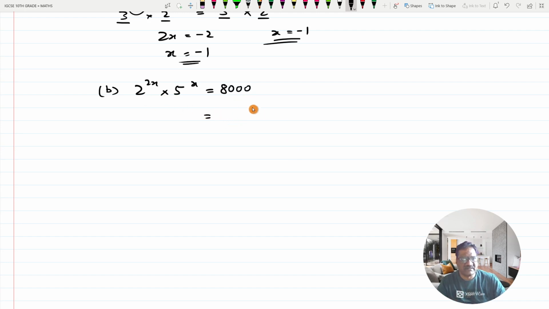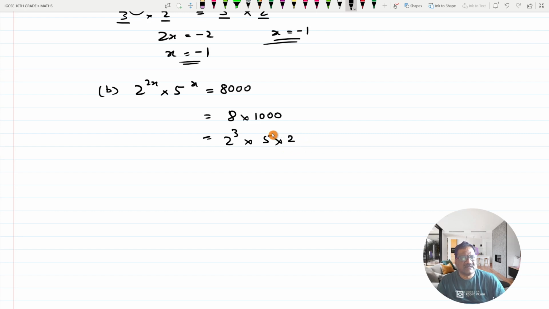So this 8,000 can be written as 8 into 1,000, right? Then this 8 can be written as 2 raised to 3, and this 1000 can be written as 5 raised to something, right? Now, can I write that way? 1000 I will write as 5 into 2.